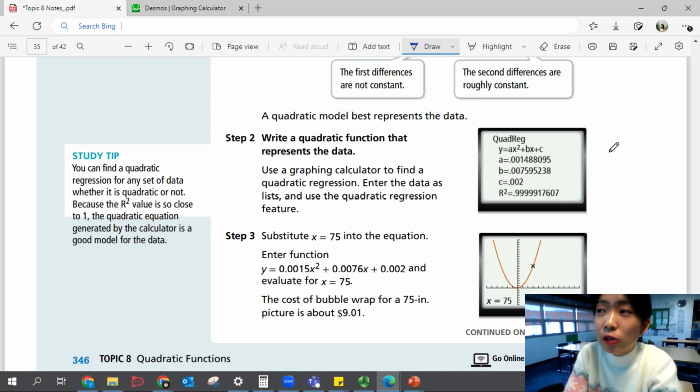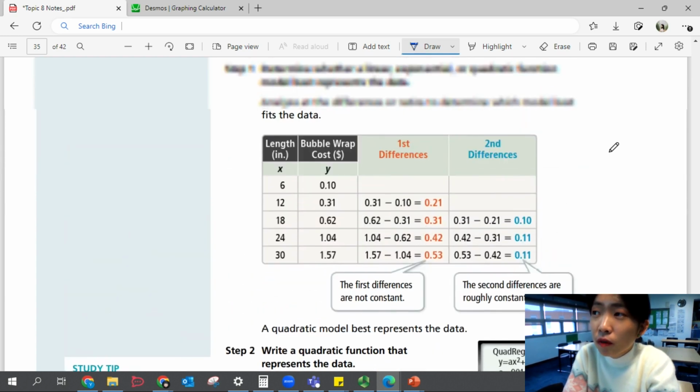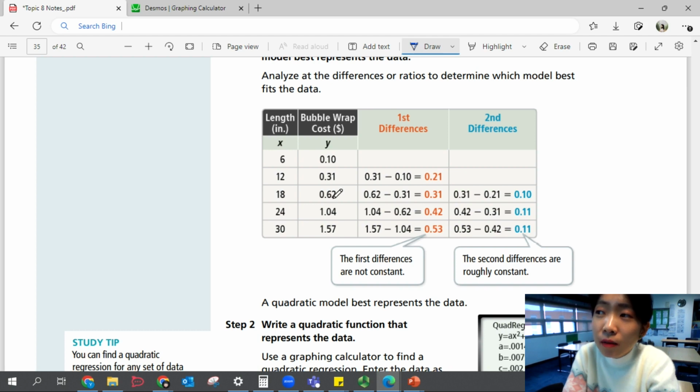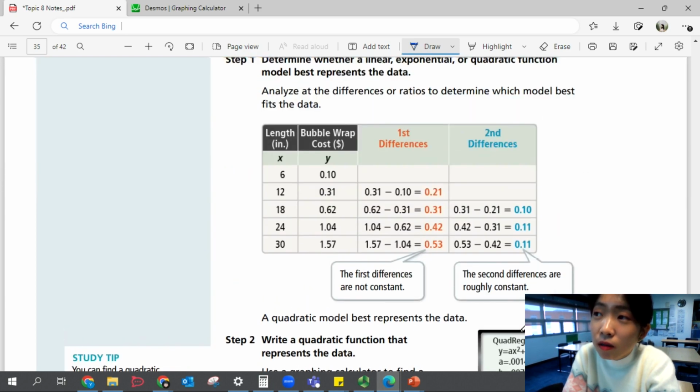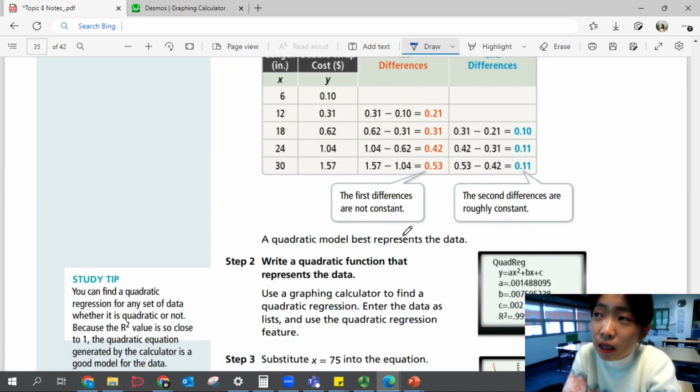You can figure out the quadratic regression. If you look at your values, they are increasing, increasing, increasing, so the vertex is probably going to be less than 6.